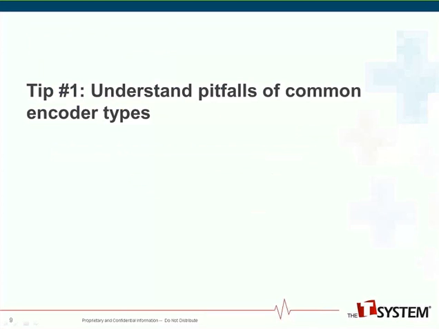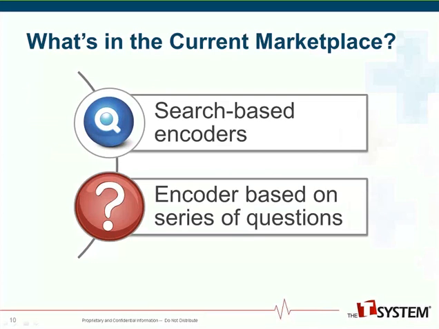Okay, so taking those new things into consideration, we need to look at some pitfalls of common encoder types currently out there on the market. There are two main types of encoders currently available. One type is a search-based encoder, and the other is an encoder based on a series of questions.